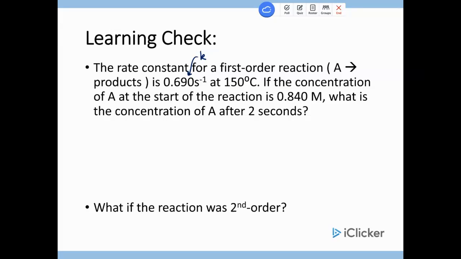It says if the concentration of A at the start of the reaction is 0.840 molar, what is the concentration of A after 2 seconds? This question tells us the concentration of A at the start of the reaction. So that's initial concentration. That's A subscript 0, time is 0. And the question is, what's the concentration of A after 2 seconds? That's our t, our time.